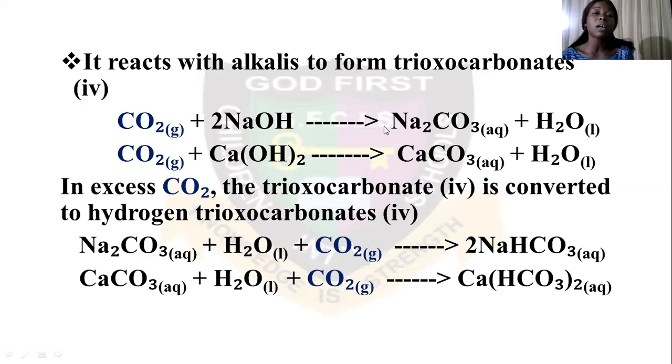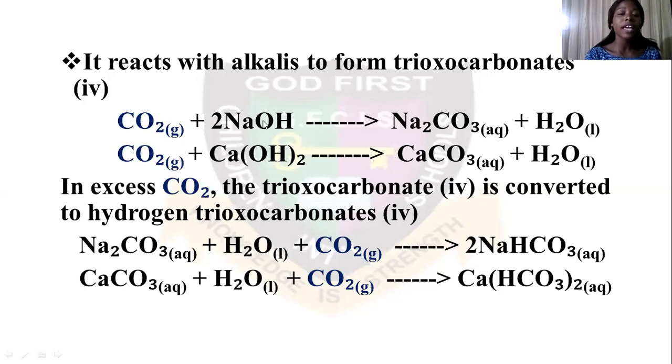So all alkalis react with carbon(IV) oxide to give us carbonates. Now, when CO2 is in excess, the carbonate is converted to hydrogen carbonate.